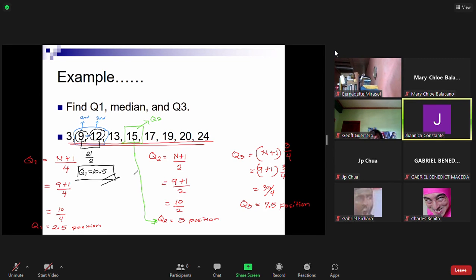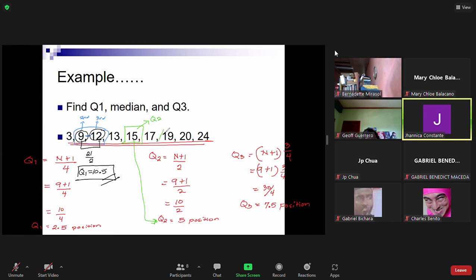So we're going to identify what number in the set of data that we have here is in the 7.5 position. Since we have this decimal number for our quartile, we're going to use two values to identify what is our quartile 3.